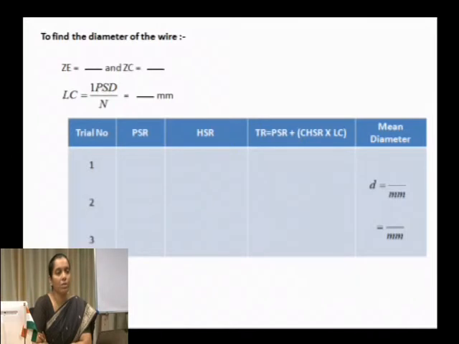So, once the least count and error are noted down, at three different points on the wire we will note down the readings for PSR and HSR and calculate the total reading. PSR plus bracket CHSR into least count is your total reading, that is the diameter of the wire. So, three different trials are taken, so that when we calculate the average, the errors in measurement are minimized. So, mean diameter D is calculated, and that is in millimeters.